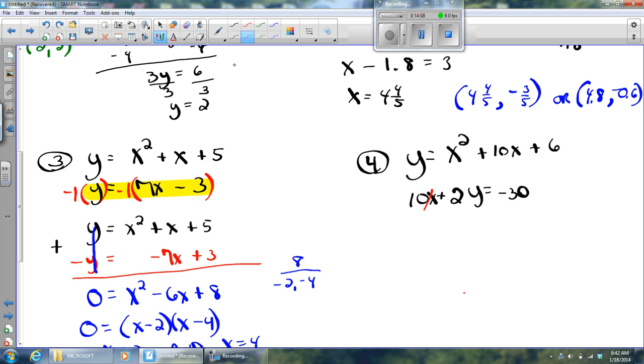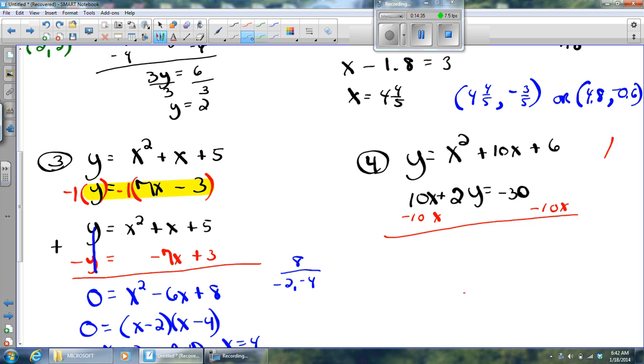And I guess I'm going to be forced, since I have a quadratic, to get this second equation in slope y-intercept form and do it very much like problem number 3. So I will subtract 10x from both sides like I did. So minus 10x and minus 10x.